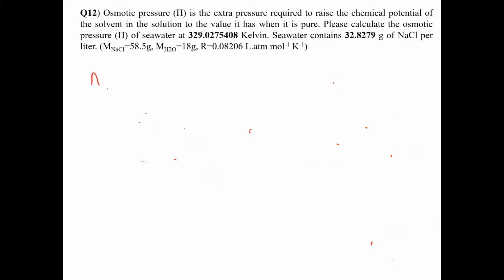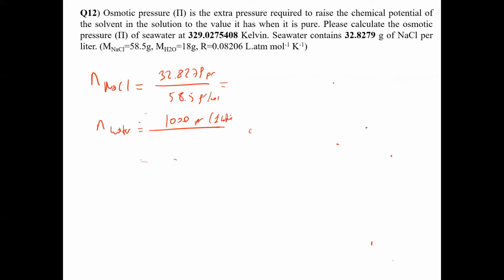Here, sodium chloride, 32.8 gram, with 58.5 gram per mole, and water, 1 liter corresponds to 1000 gram. This is 1 liter. And the molecular weight of water is 18, and this corresponds to 55.55 moles.